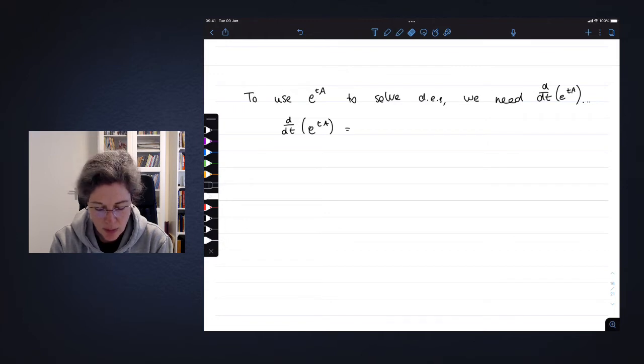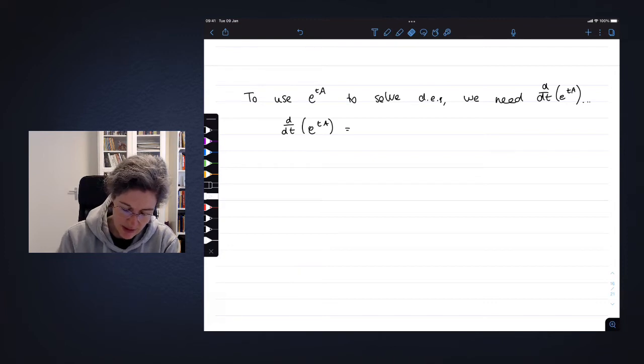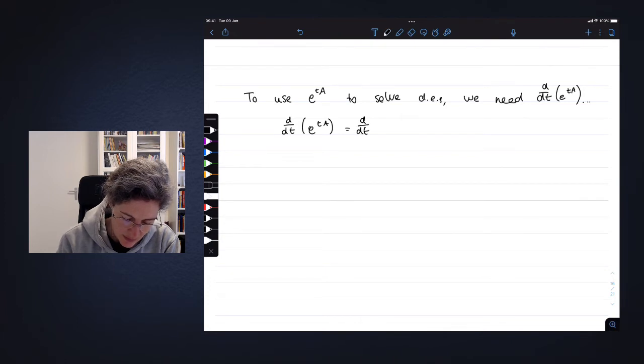So in order to be able to use our new matrix exponential e to the tA to solve differential equations, we're going to need the derivative, because differential equations have derivatives. So let's calculate that. So we're going to use the Taylor sum that we've defined our e to the tA with.